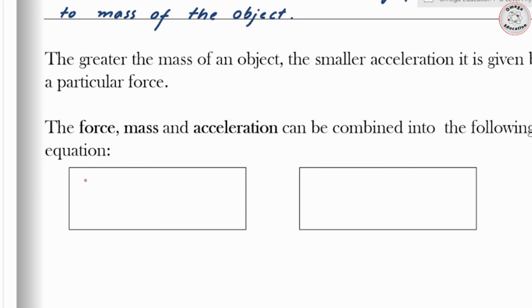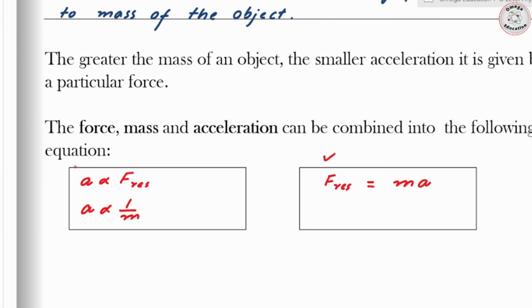First of all, we said acceleration is directly proportional to resultant force, and acceleration is inversely proportional to mass. All right, if you combine these two things, you can write it down as F resultant equals mass times acceleration.